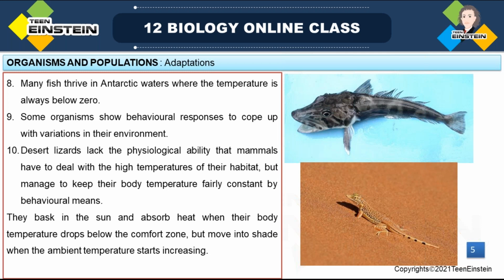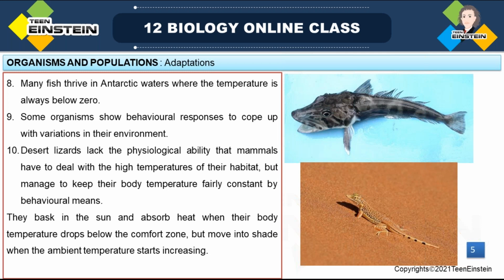So what will they do? They bask in the sun. What do you mean by bask in the sun? That means they lie exposed to the warm light, to that warmth, mainly from the sun. In the sun, they absorb heat when their body temperature drops below the comfort zone.